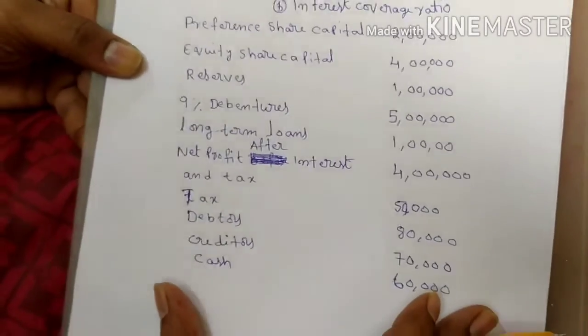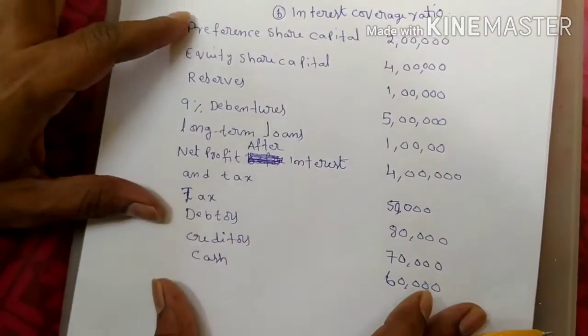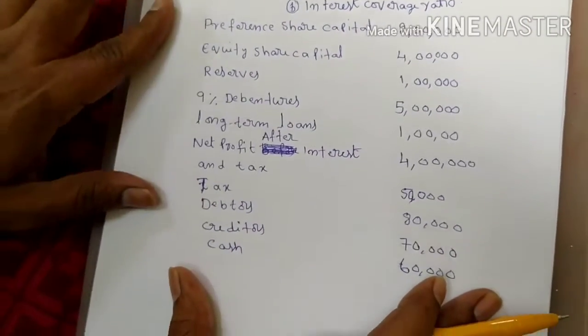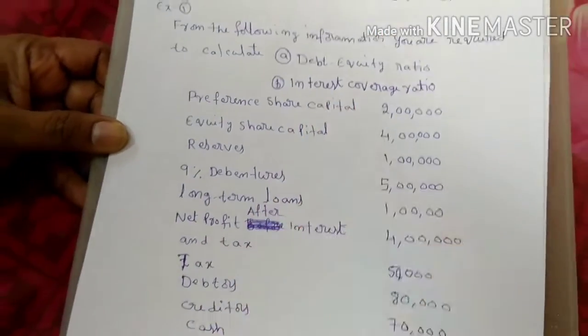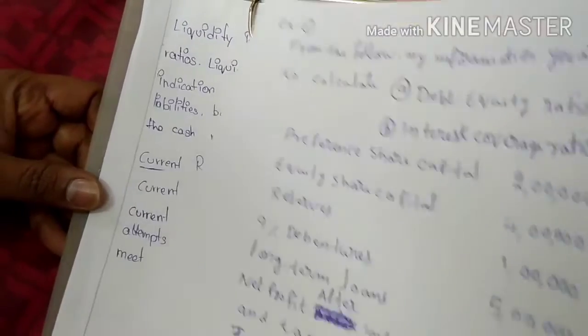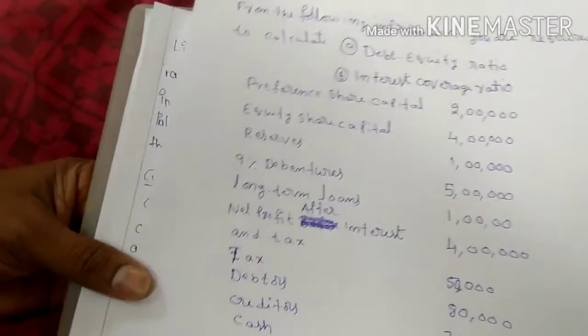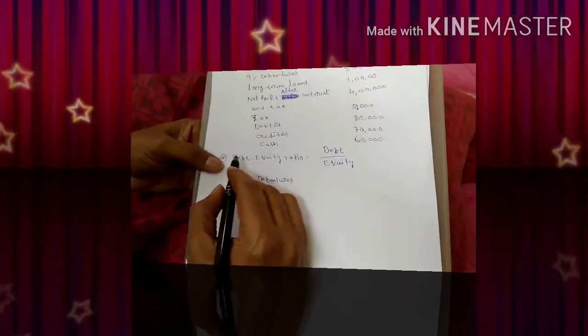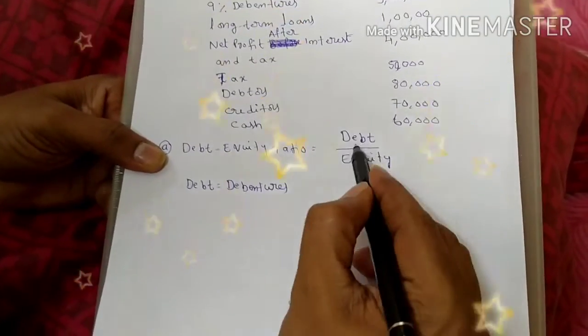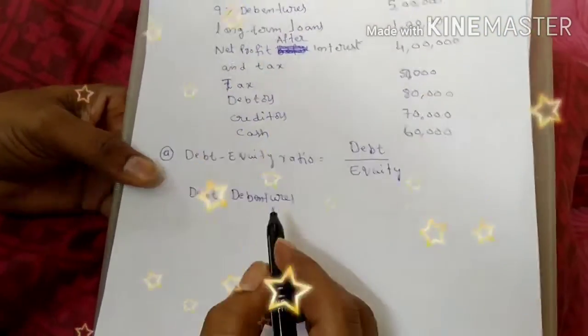This is the given data. As per this data, we need to calculate the debt equity ratio and the interest coverage ratio. First, we will do the debt equity ratio. Debt equity ratio is equal to debt by equity.